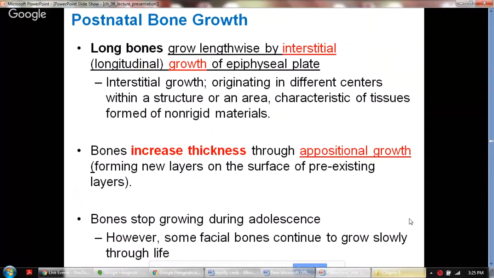The appositional growth makes the bones increase in thickness. In addition, bones stop growing during adolescence. However, some bones in your body, some facial bones, the jaw bones, or some nasal bones, continue to grow slowly throughout life.